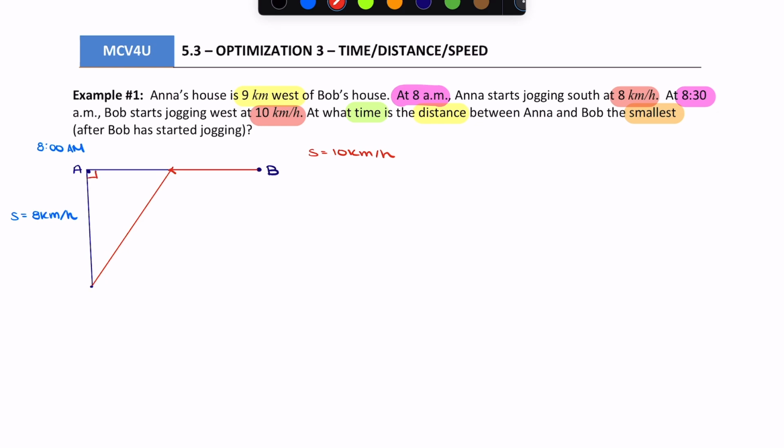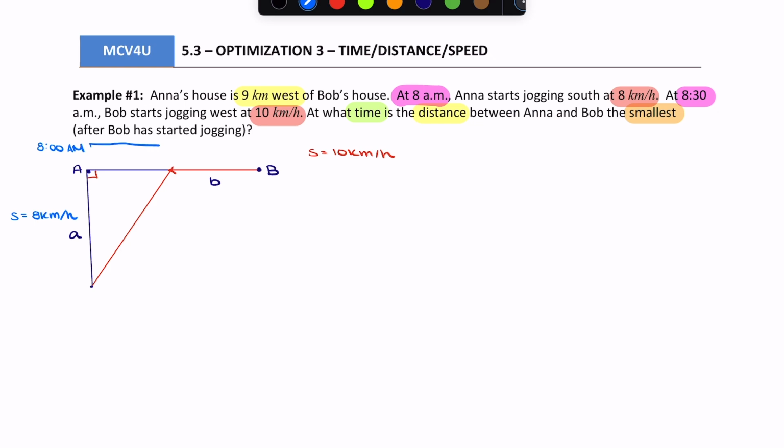Here we'll create a 90-degree triangle, and we'll label a couple of the sides. We'll label this A, this is B, and here we know that the distance from Anna to Bob's house is 9 kilometers.